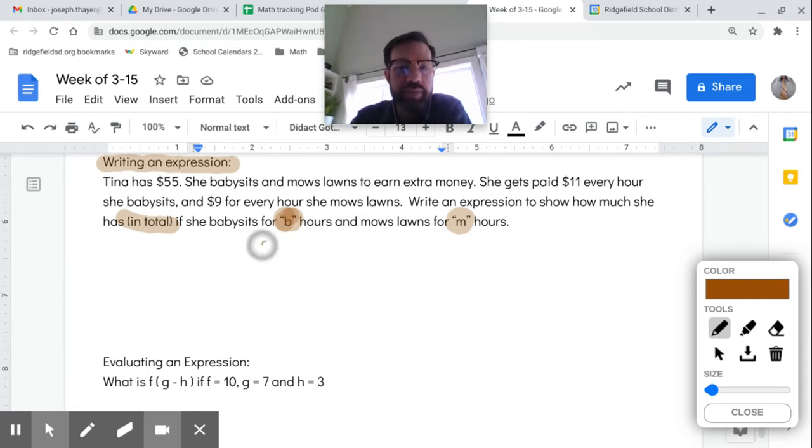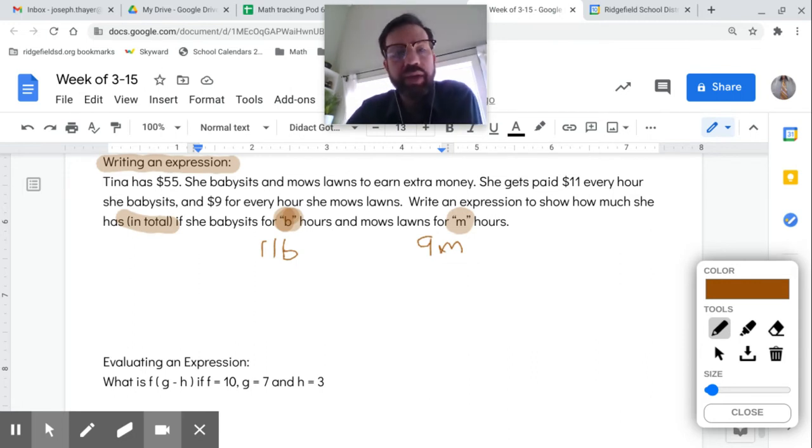So 11 times B, or 11B, is how much she gets paid for babysitting, right? And 9 times M is how much she gets paid for mowing lawns. So if she mows lawns for M hours, she gets $9M. And if she babysits for 10 hours or B hours, then she gets paid 11B dollars because it's 11 times B. If that's 10 hours, it's 11 times 10, which is $110, which is not bad.